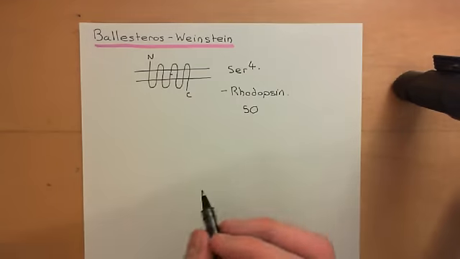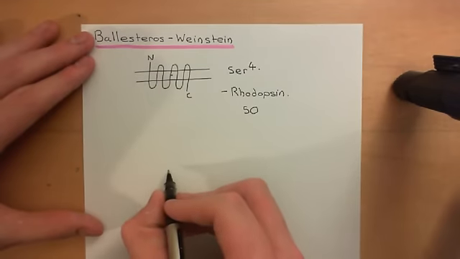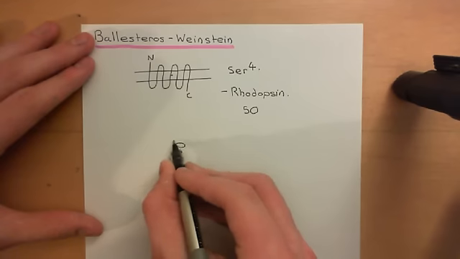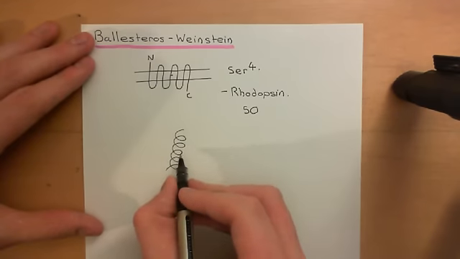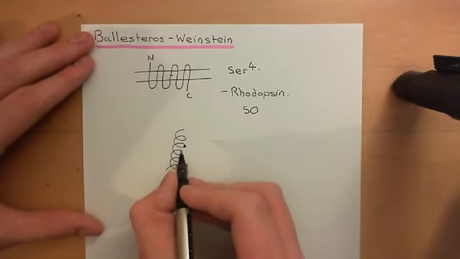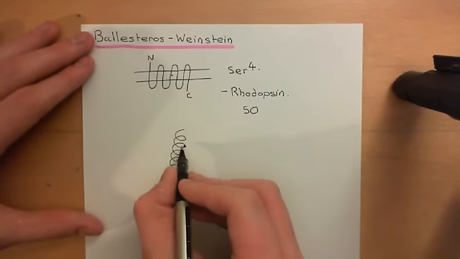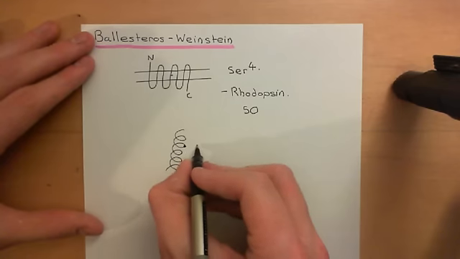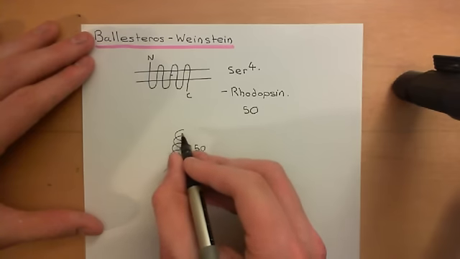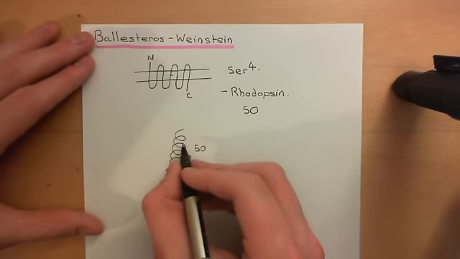conserved residue. If I draw the alpha helix for a moment, here is our membrane spanning alpha helix. Let's say this residue here turns out to be the most conserved one in all of the rhodopsin family G protein coupled receptors. You pretty much find this residue there all the time. You label this one number 50, and the ones closer to the N terminus you'd count down, and the ones further towards the C terminus you'd count up.